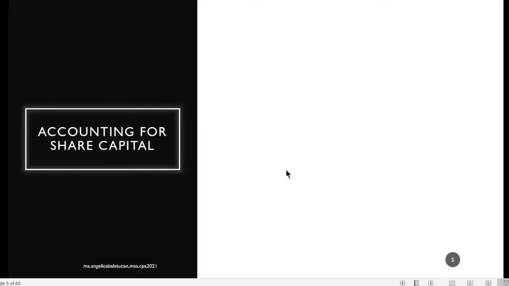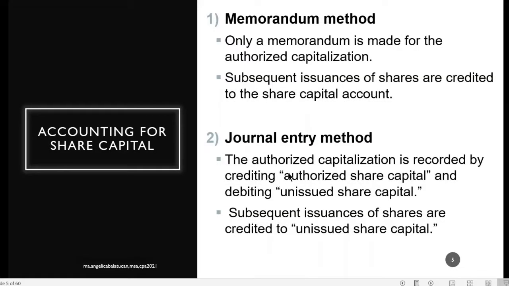So how do we account for the share capital? It's either through the memorandum entry method, or the journal entry method. In the memorandum method, you are going to write only a memo entry for the authorization of your capital, or to declare the authorized capitalization.